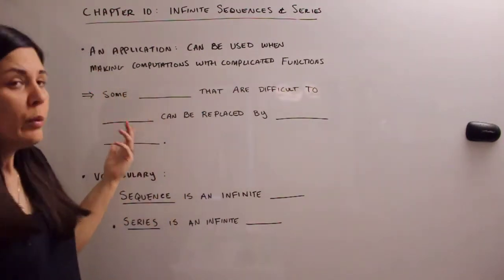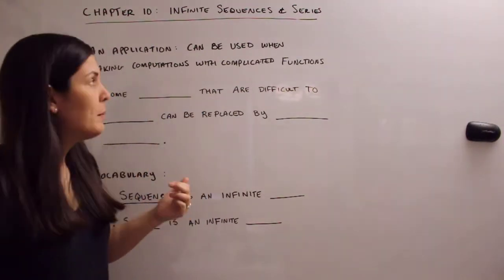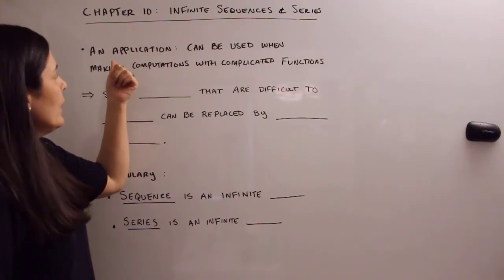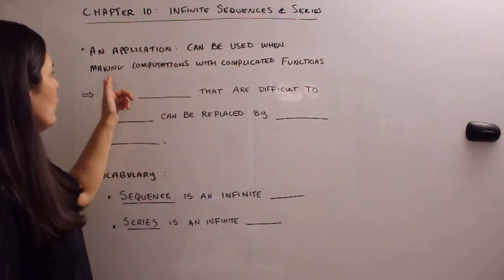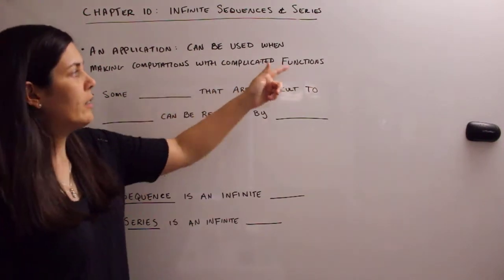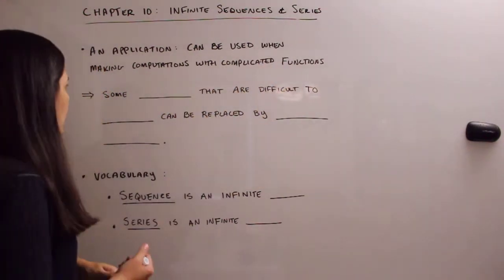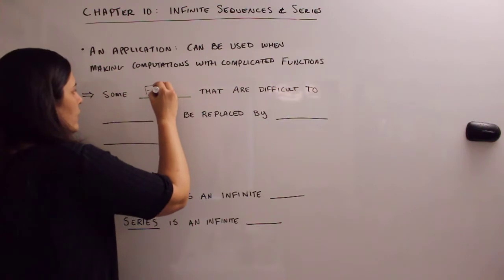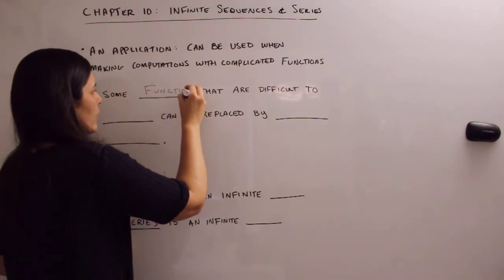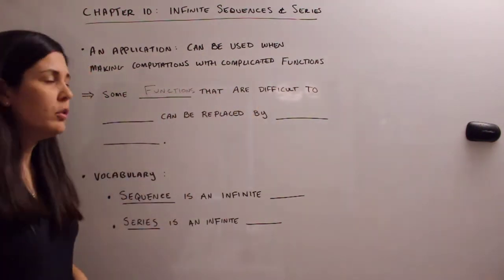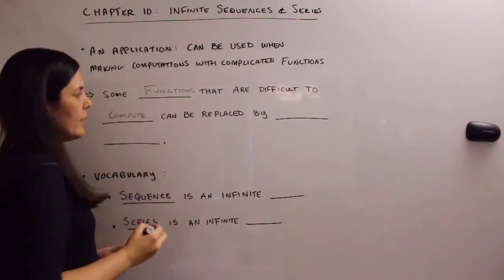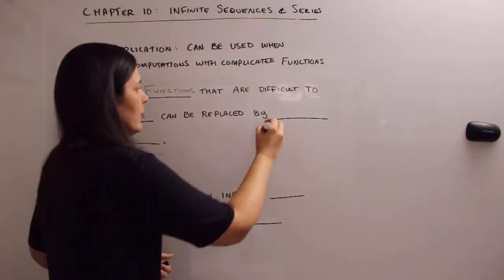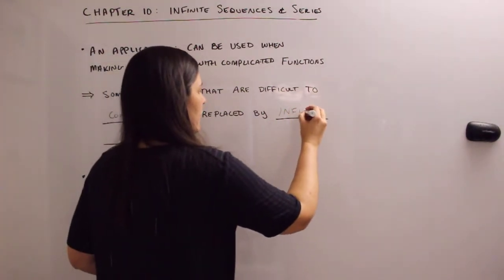And so why do we want to work with these? Why does this matter? Well, here's an application. An application for sequence and series is that they can be used when making computations with complicated functions. And so some functions that are difficult to compute can actually be replaced by infinite series.